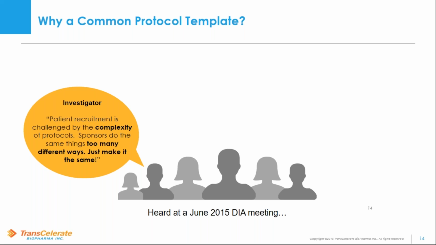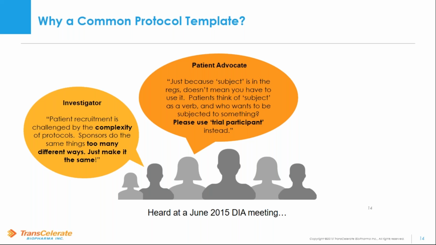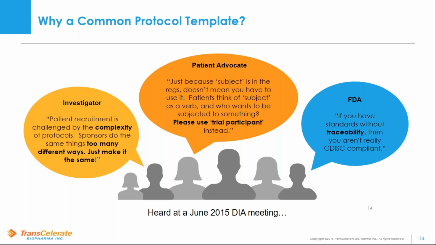This further complicates study execution for any site who is working with multiple sponsors. Sometimes a simple choice of words can also be of concern. We heard from patient advocacy groups that there was a sensitivity to the use of the word subject in many protocols. This reminded us that the trial participants themselves would also be a key stakeholder group to be considered.